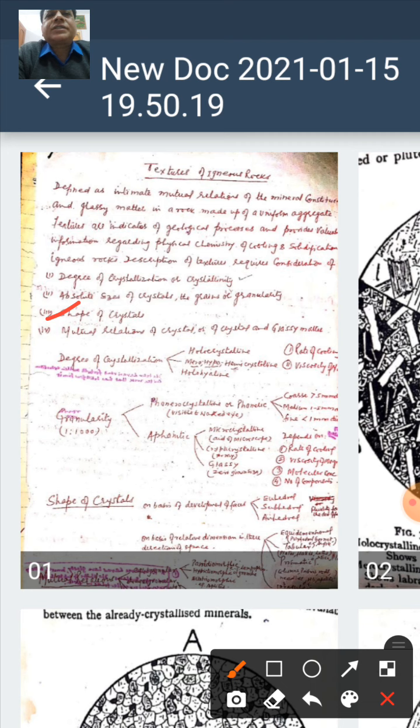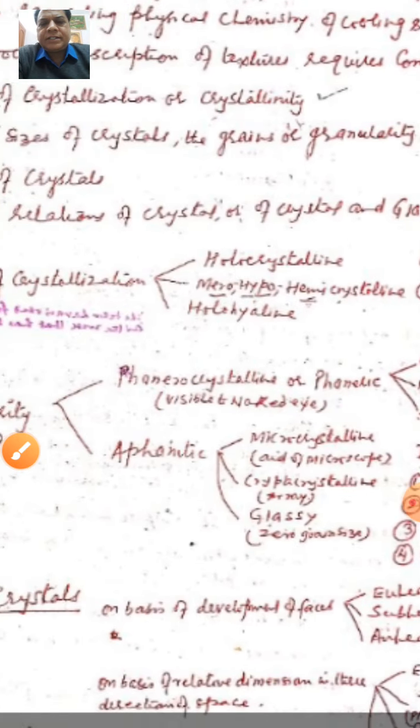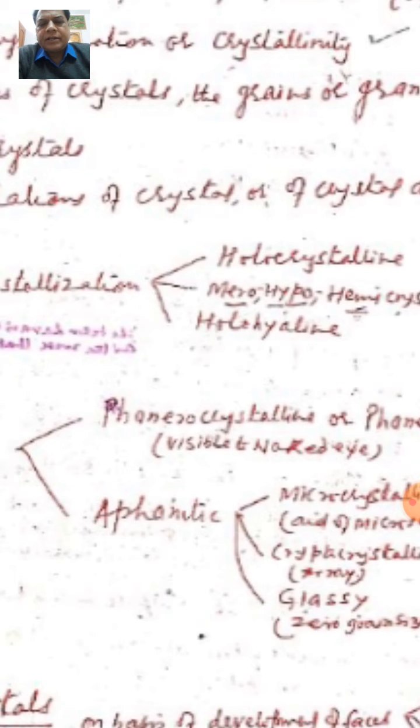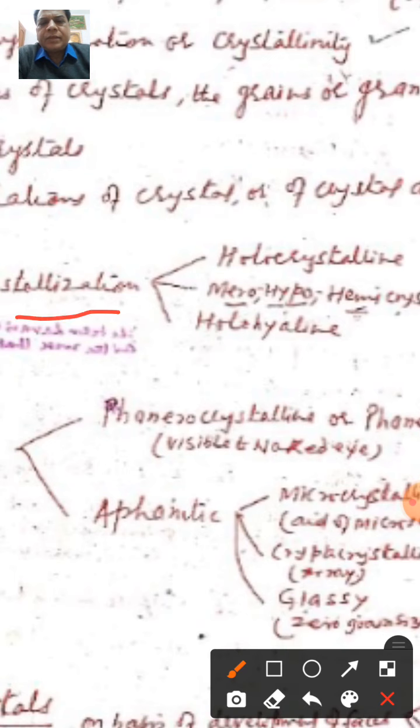Now coming to the first, the degree of crystallization. On the basis of degree of crystallization, we can characterize a rock into holocrystalline, and so on. If a rock is totally composed of crystals, then that will be holocrystalline.